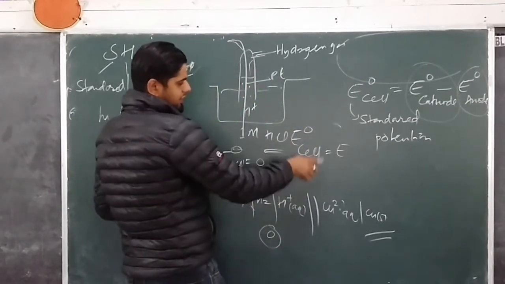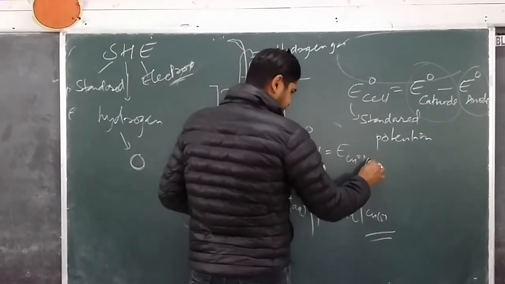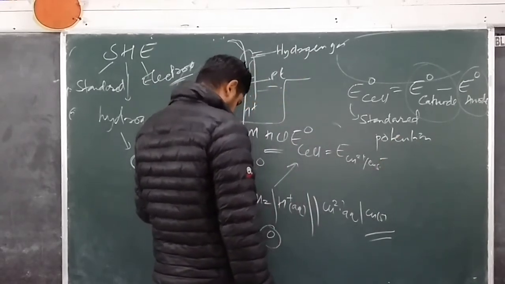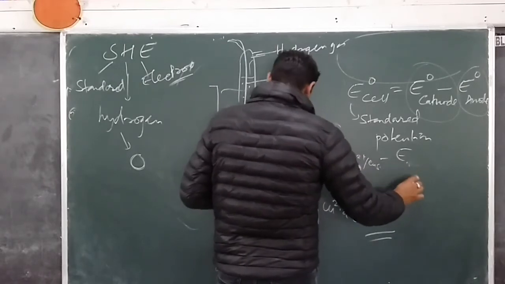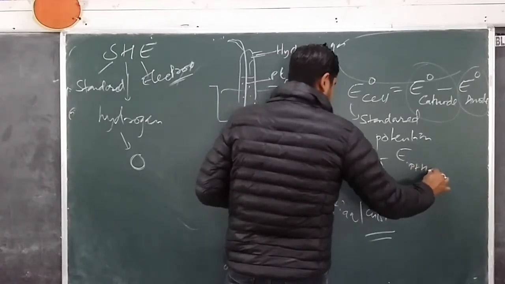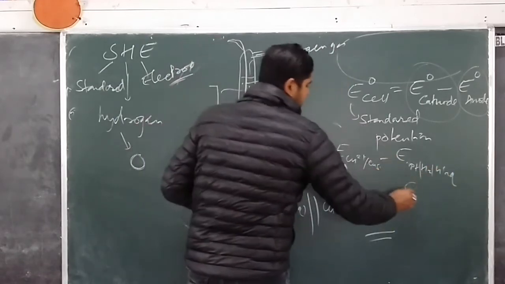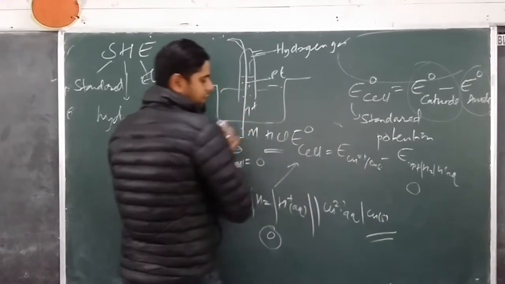E cell is equal to E copper compared with E of H2, H plus, and the value for this is 0. So you will get the electrode potential value.